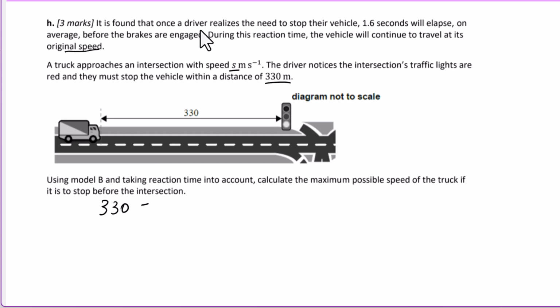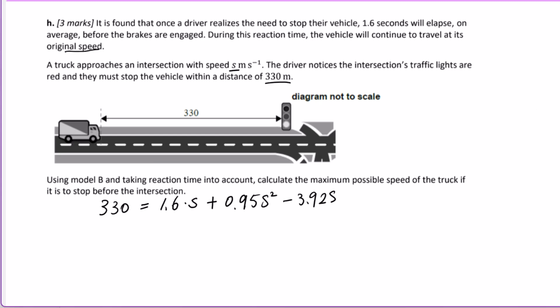330 meters equals 1.6 times s, this is the reaction distance that the truck traveled, plus 0.95 s squared minus 3.92 s.